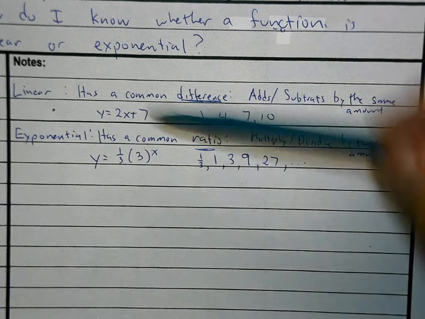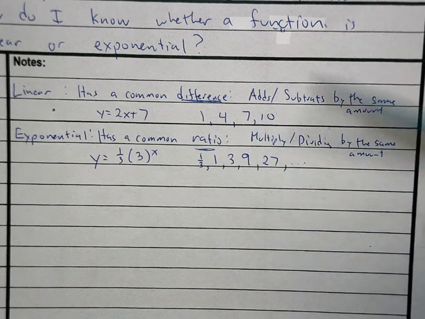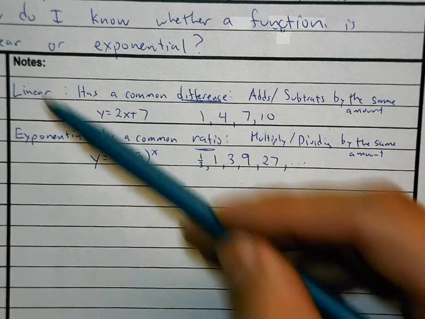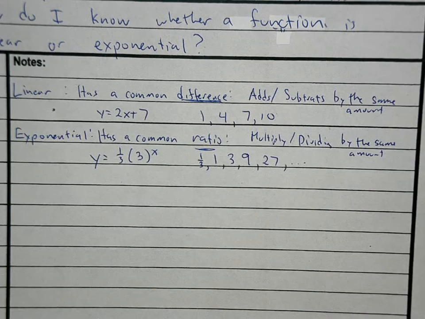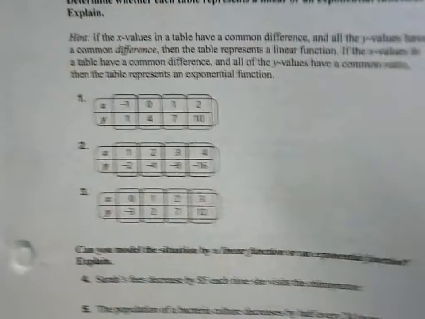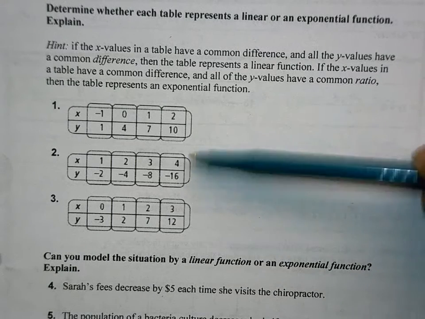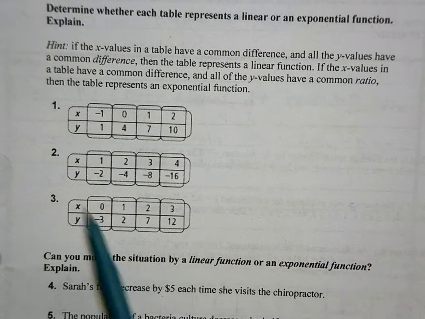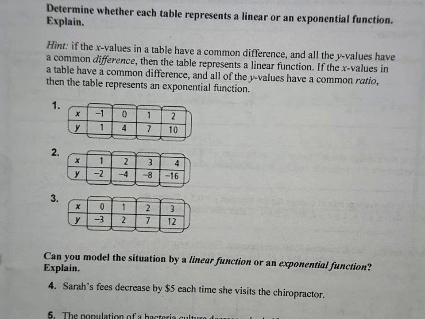So you're going to have to look at things that are equations, and you're going to have to look at patterns of numbers, and you're going to have to determine whether they're linear or exponential. I think this is going to be one of your easiest questions. So when I look at your worksheet 5.3, you're going to look at tables, and you're going to have to check out and see, is there a common difference or is there a common ratio?